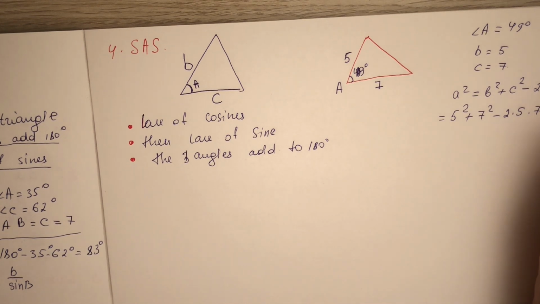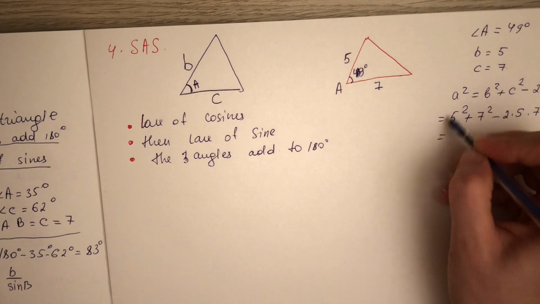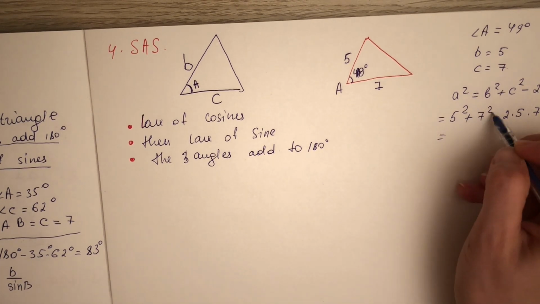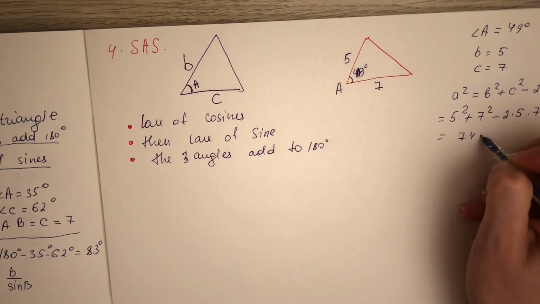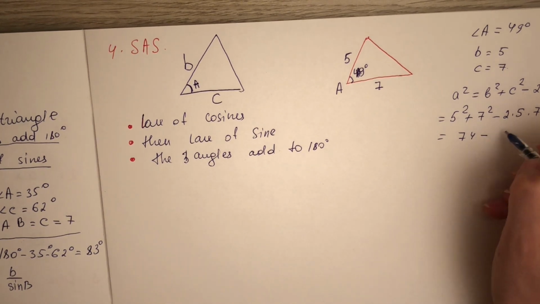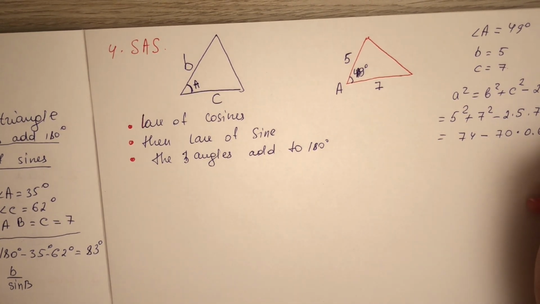And this is equal to 25 plus 49, which is 74, minus 70 times cosine 49, which is approximately 0.6560 and so on.